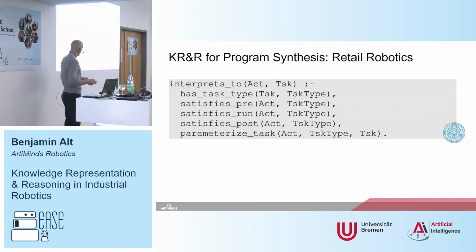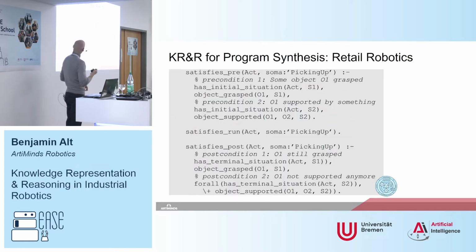This is very simple. It's like in 5 lines we have solved the problem of program synthesis. No, we haven't, but this is the power of these kinds of Prolog-based or rule-based systems, that you can write very concise solutions to your problems and hide everything behind these predicates, right? So what do we hide? Well, for example, we can say that the task of picking up, an action satisfies the preconditions of picking up if the object is grasped initially, and maybe the object is supported by something else, and then we can pick it up.